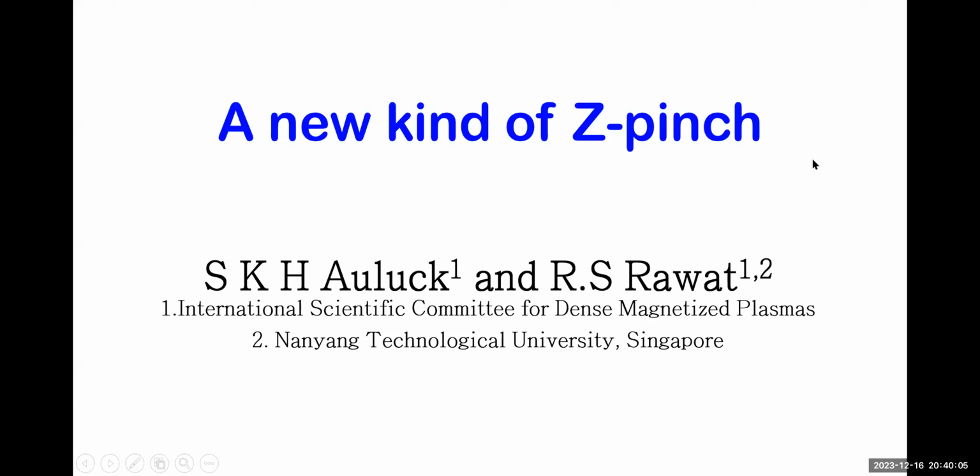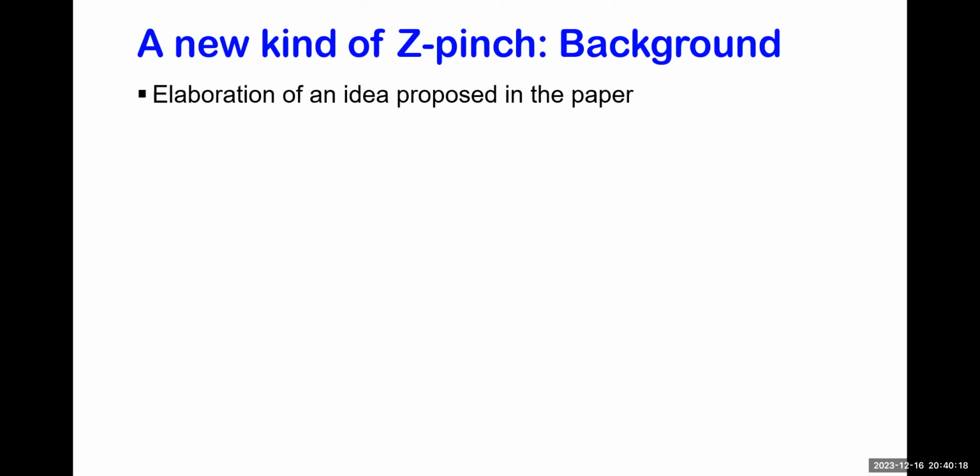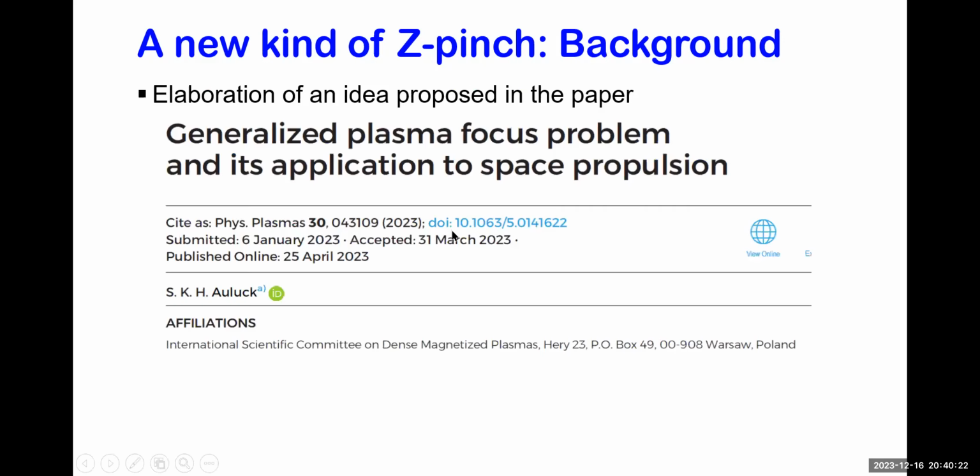So I will be talking about a new kind of Z pinch. This is a collaboration between Rajdeep and myself. To give a background, this is elaboration of an idea proposed in the paper, generalized plasma focus problem, and its application to space propulsion, which I published earlier this year.